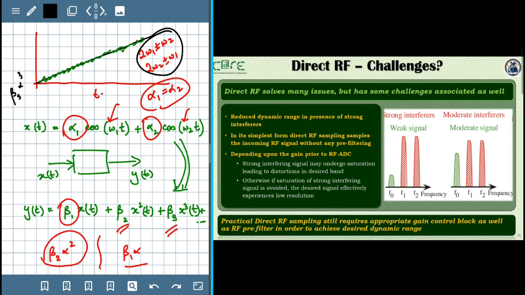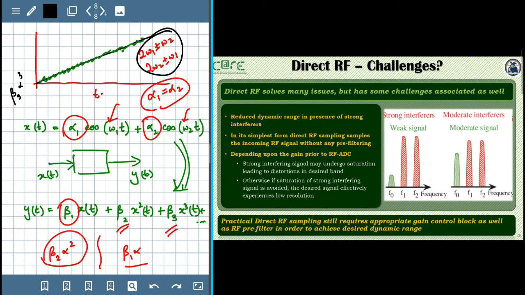In the case of direct RF sampling, since we do not employ excessive filtering, there might be some strong interferers existing besides our signal of interest.